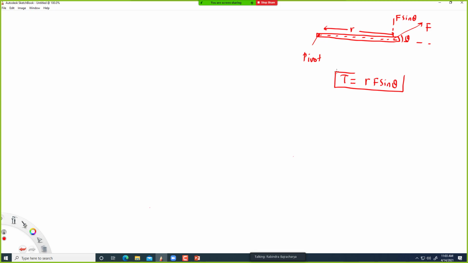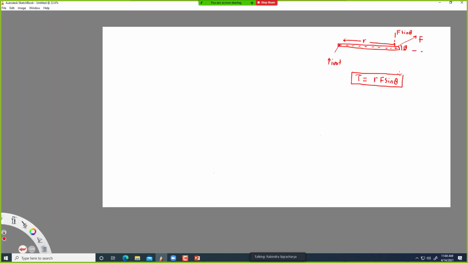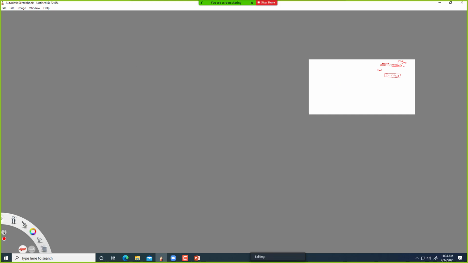So we'll now apply that for a condition called static equilibrium. You should know by now what static equilibrium is, or what equilibrium is, because we already introduced the term equilibrium. So tell me, what is equilibrium?